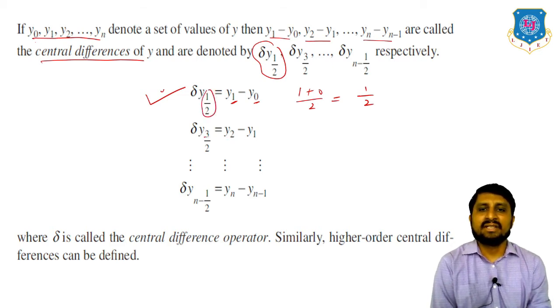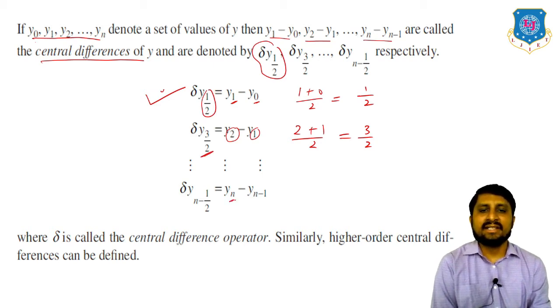Now y2 minus y1, that is small delta y3 by 2. What are the subscripts 2 and 1? 2 plus 1 divided by 2, that is 3 by 2. That's why on the left hand side you have 3 by 2.